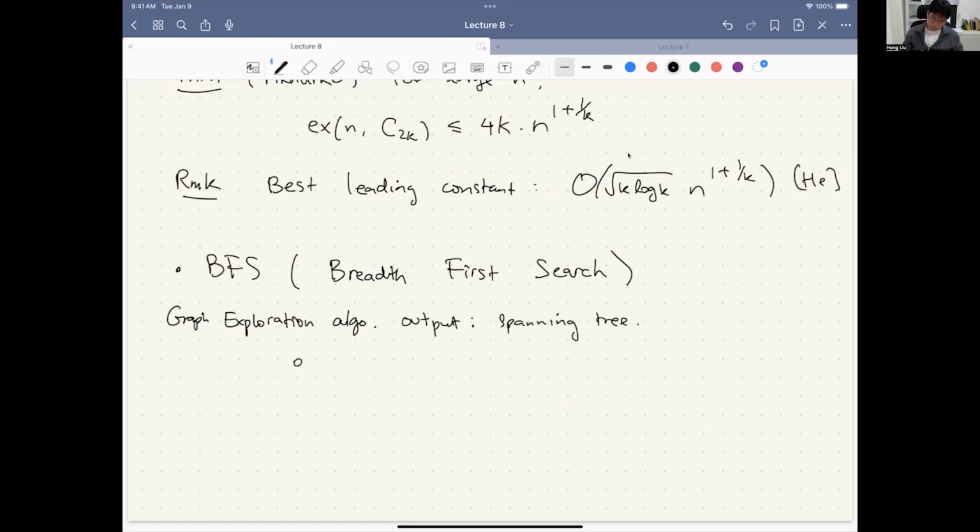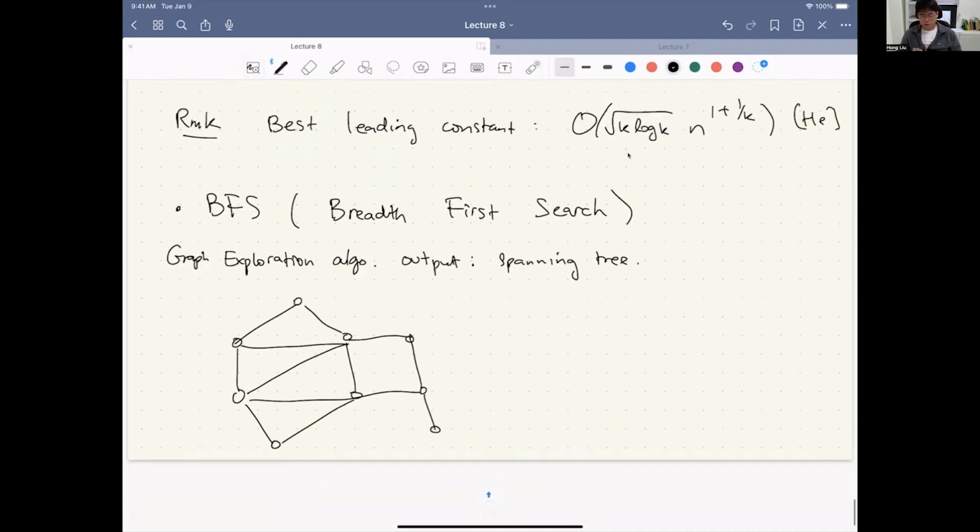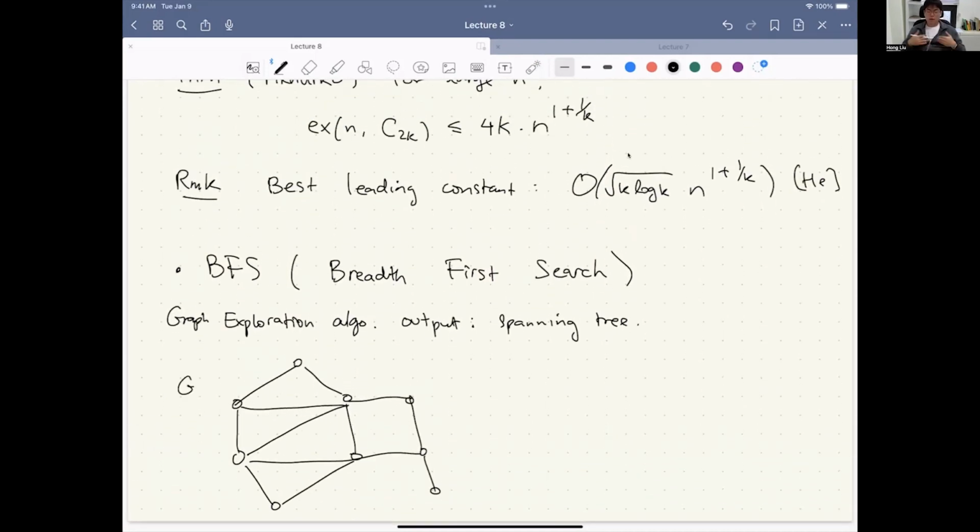Here's an example. Suppose we have a graph. I think this is complicated enough. So we add one more edge. Let's add a pendant edge. All right, so this is our G. What does BFS do?